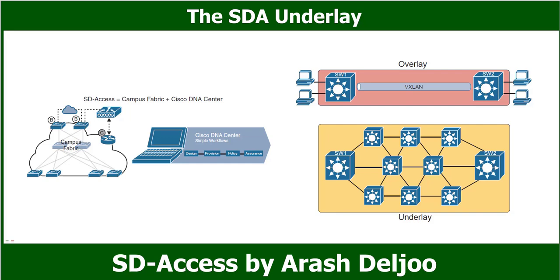DNA Center will be used to configure the underlay with deployments that use all new hardware. The existing hardware must be from the SDA compatibility list, with different models supported depending on their different SDA roles. The device software levels must meet the requirement based on their roles as detailed in the same compatibility list.